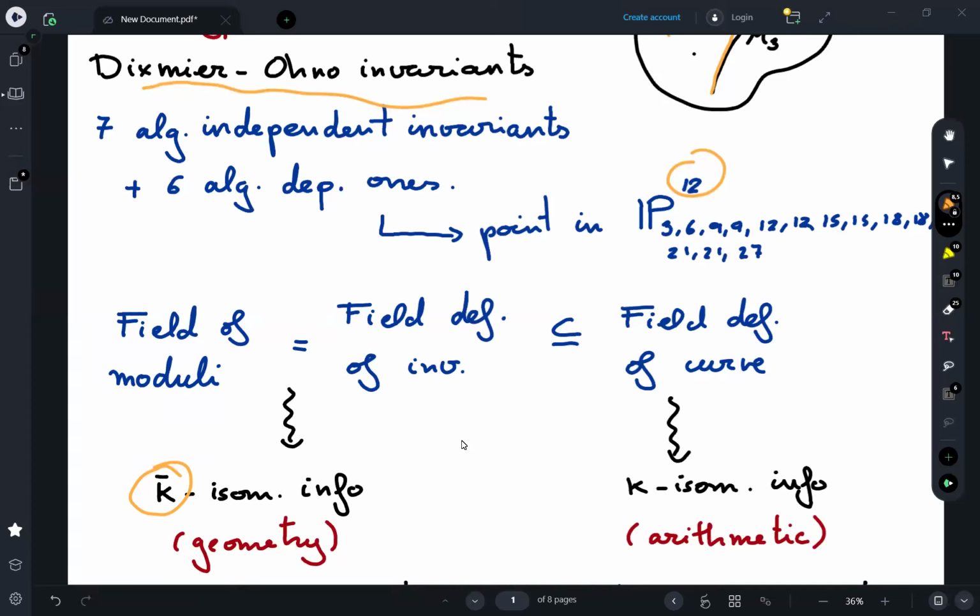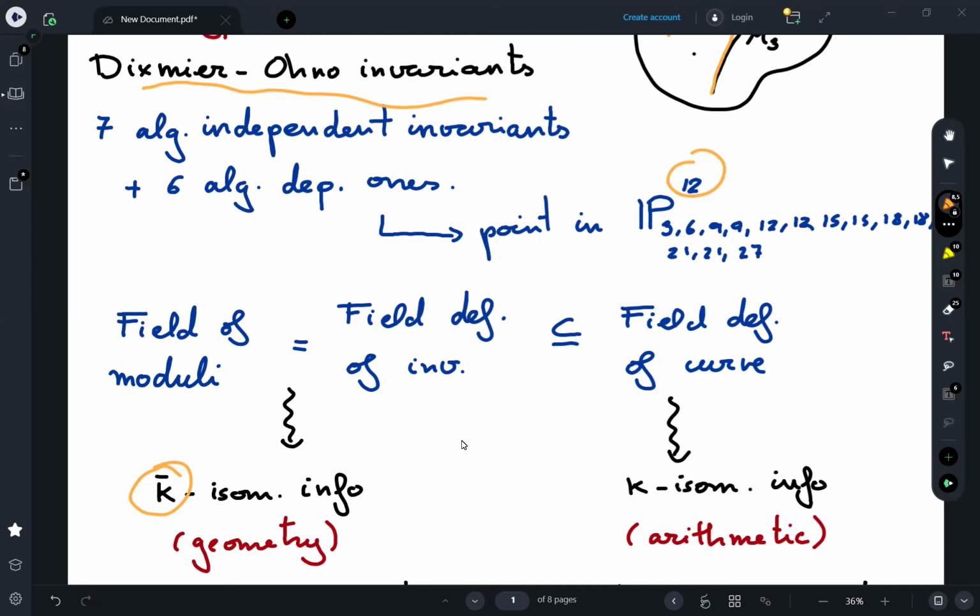If this is the first time that you see this in a general way, maybe it is a little bit complicated, but you can think about elliptic curves. With the j-invariant, you can always give an equation of an elliptic curve that is defined over the field over which the j-invariant is defined. But unfortunately, for generic curves, this is not true anymore.